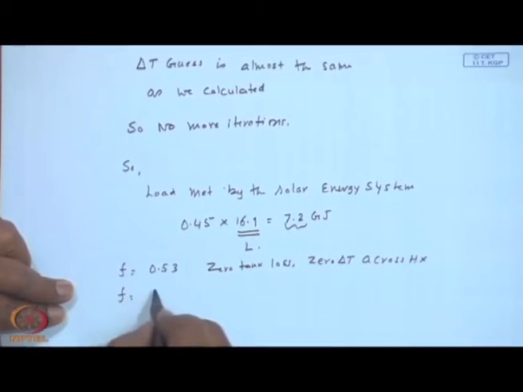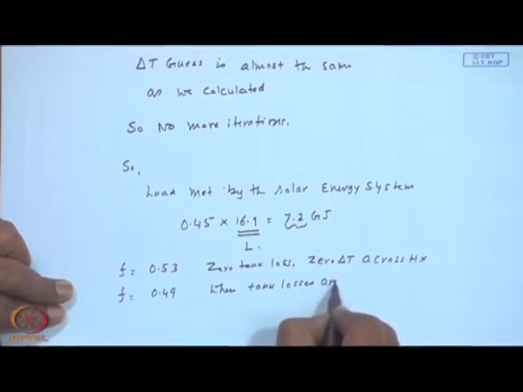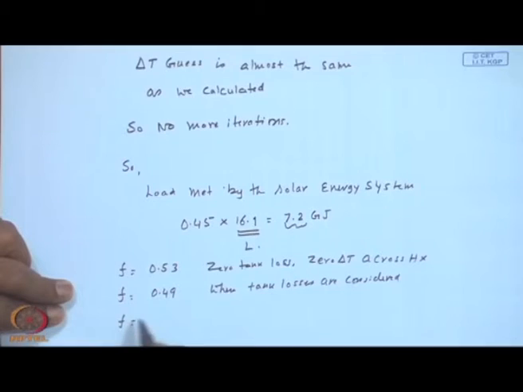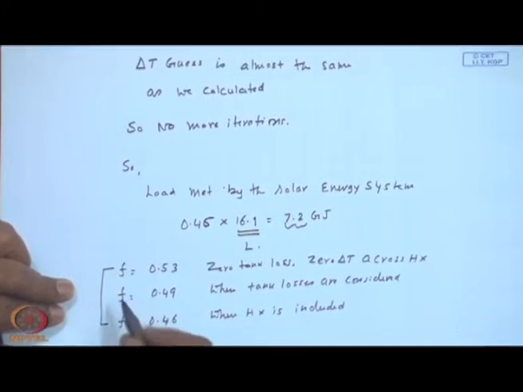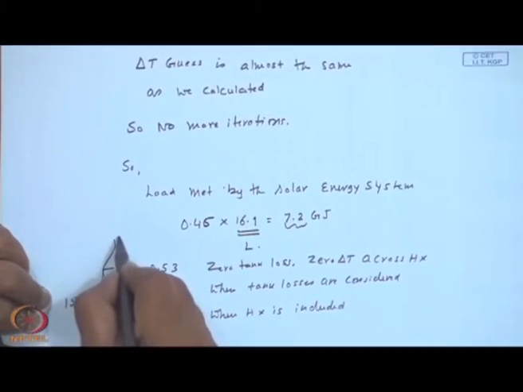Then this became 0.49 when tank losses are considered, and that became 0.46 when the heat exchanger is included. So, if you look from this to this, it is about 15%, and this is about 8%.